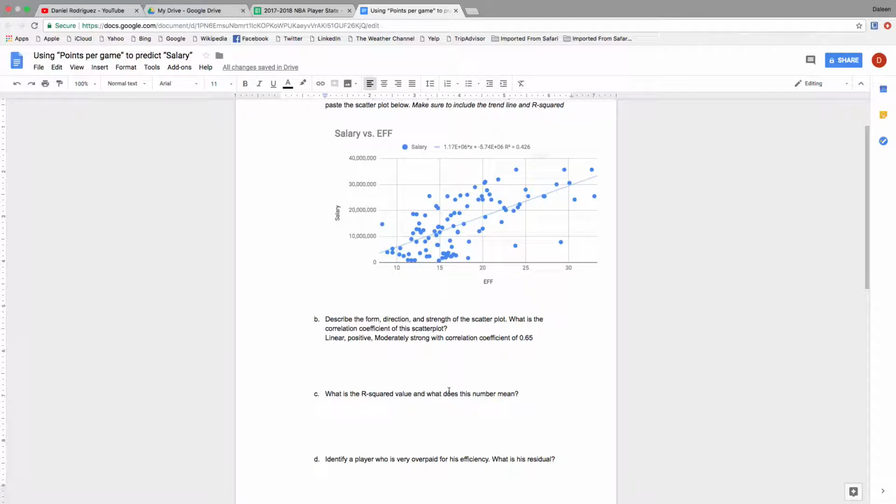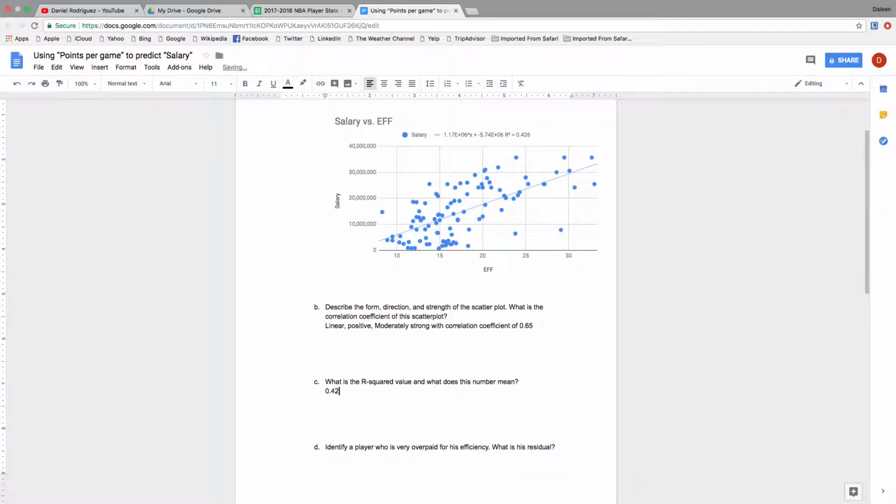So r squared is 0.426, which means that 42.6% of the variation in salary can be explained by variation in efficiency. Another way to say this is 42.6% of the variation in salary can be explained by our linear model. You can say it either way.